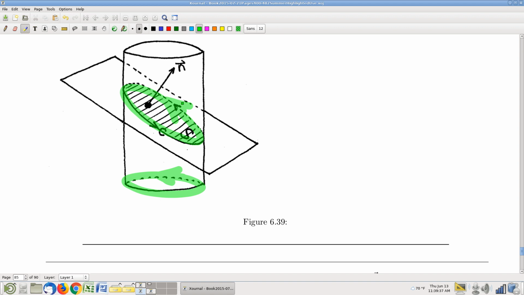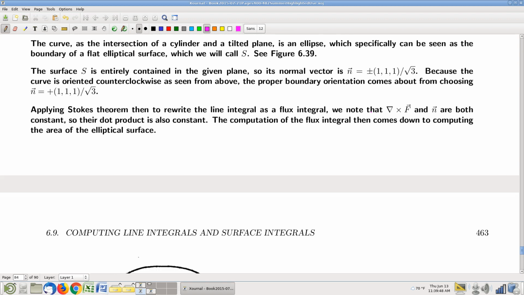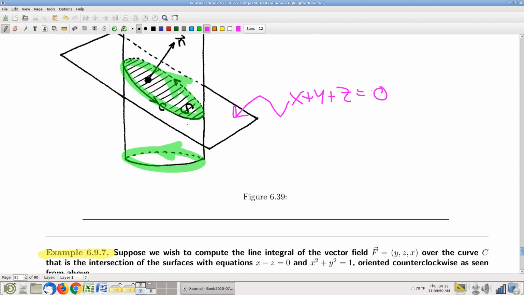What is Z? Well, this equation here is X plus Y plus Z equals 0. So what is Z? Z is negative X minus Y. So negative cosine t minus sine t. So it's just not that bad to parameterize and find X and Y and Z. It's not a bad parameterization.